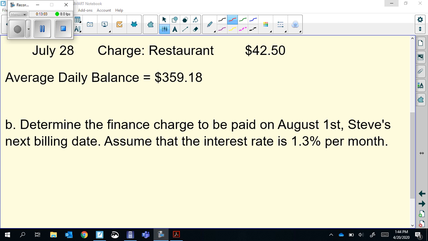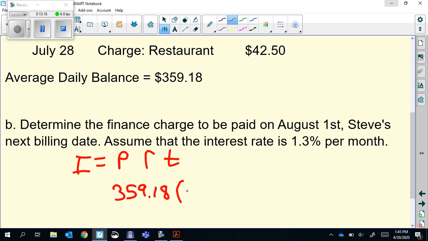So we're just, again, interest equals PRT. But this time we're taking the average daily balance as our principal. Our rate is 1.3%, so 0.013. And then the time, that's just 1 month.